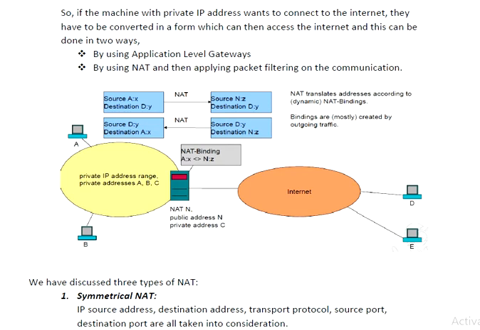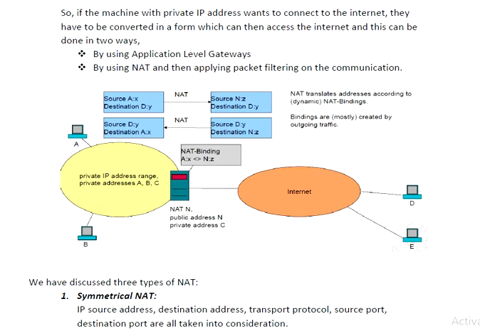So NAT translates the address according to dynamic NAT bindings. When we want to receive a packet from DY, the same procedure happens: the source is DY and the destination is NZ.